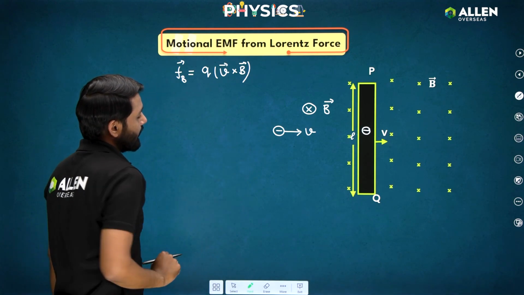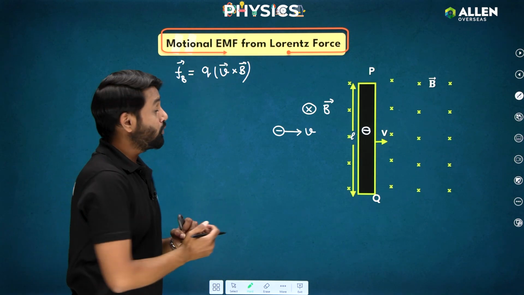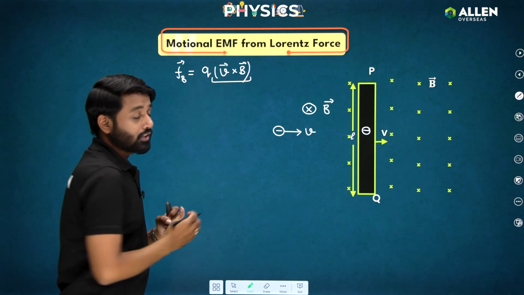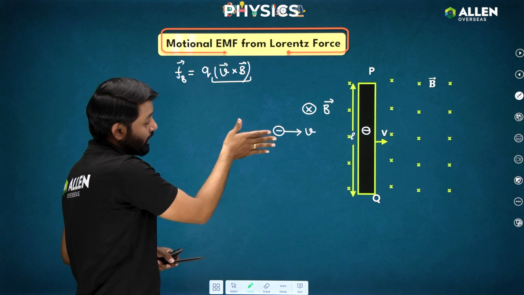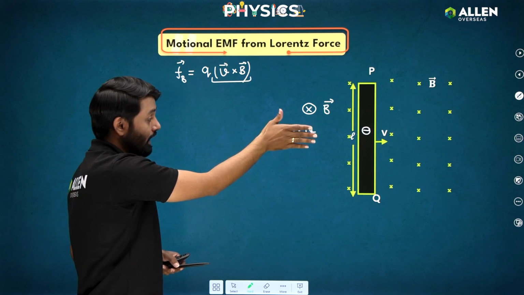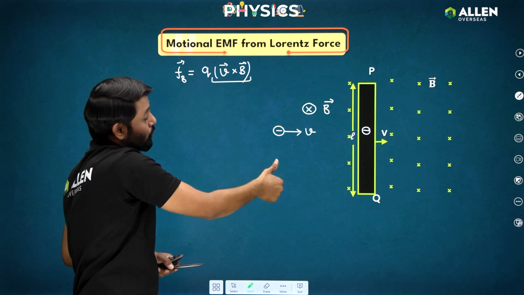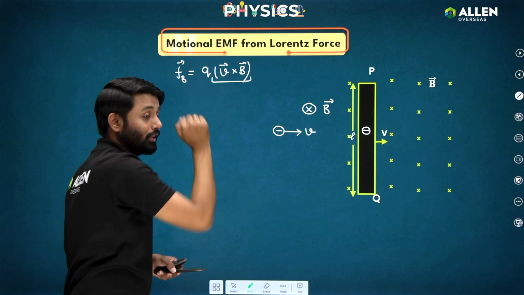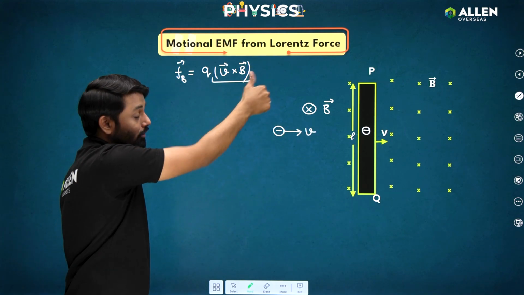Okay, so this is an electron. In which direction will this force act? The direction of force we can find from the direction of V cross B. Stretch your fingers in the direction of velocity and curl them in the direction of magnetic field. The thumb will show you the direction of force acting on the charged particle. Sir, this is an electron and the force is acting upward?